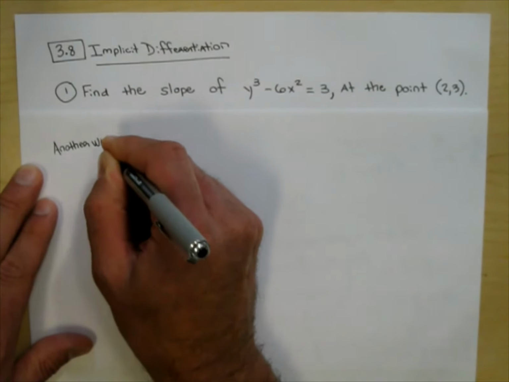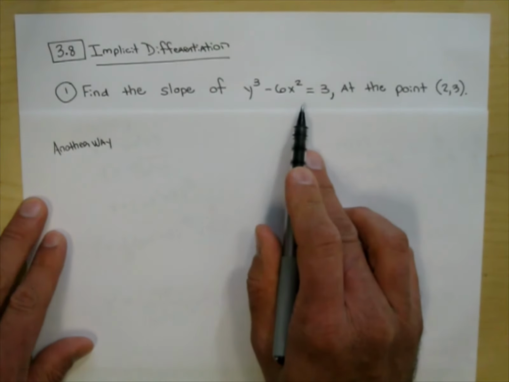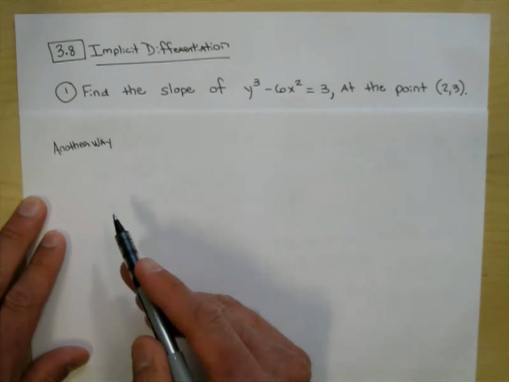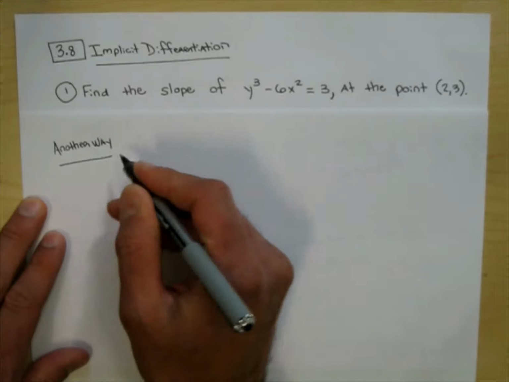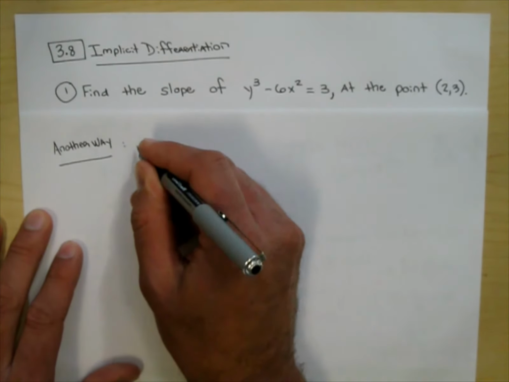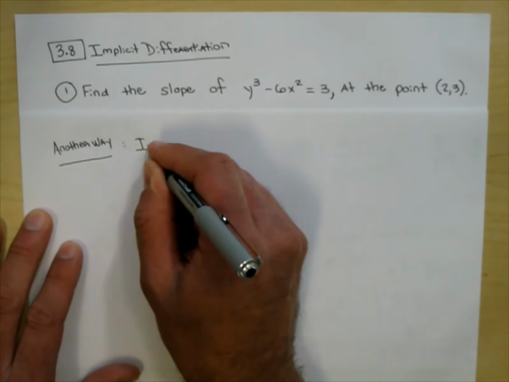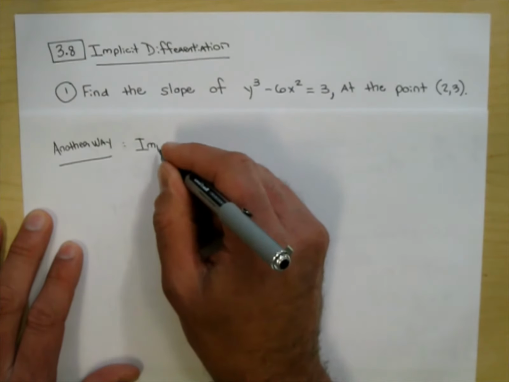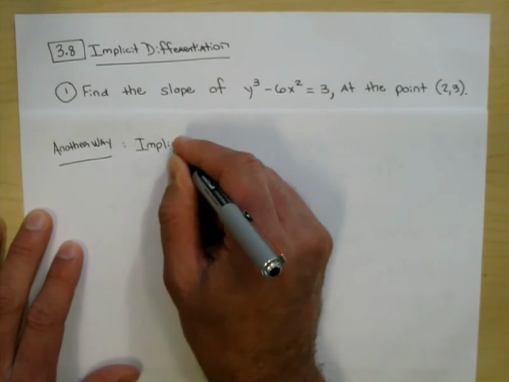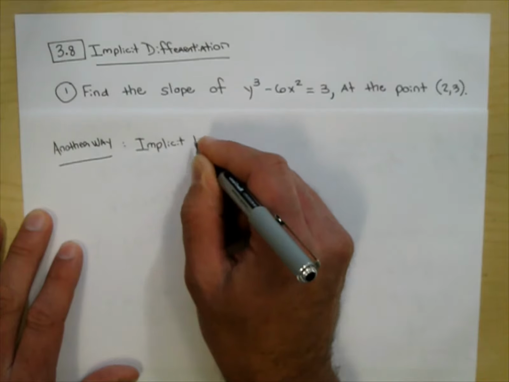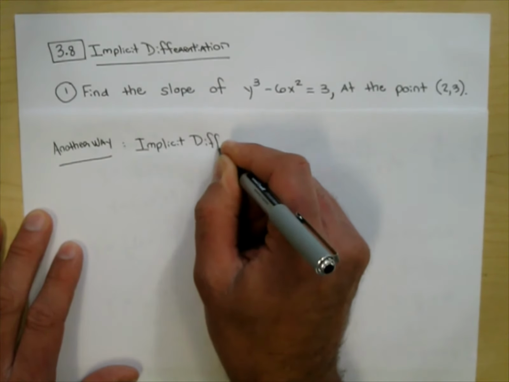You won't be able to do all these kinds of problems two ways. Sometimes you will not be able to do the first way. So another way is called implicit differentiation.